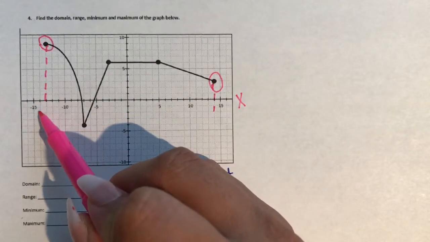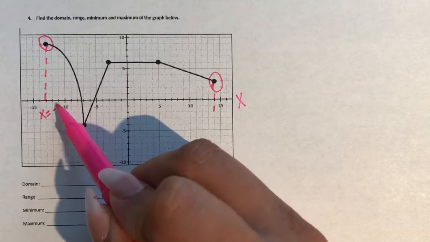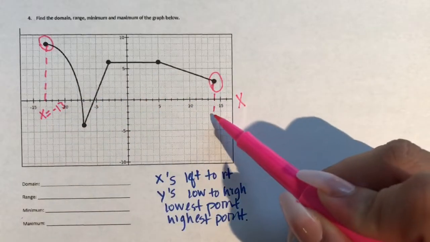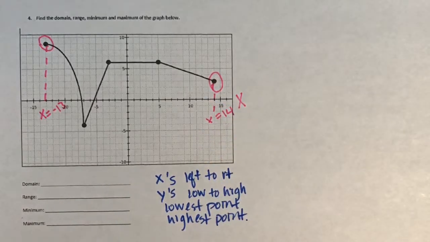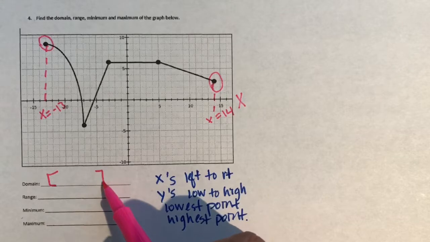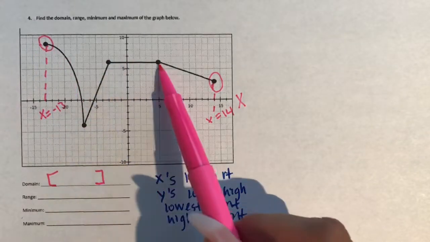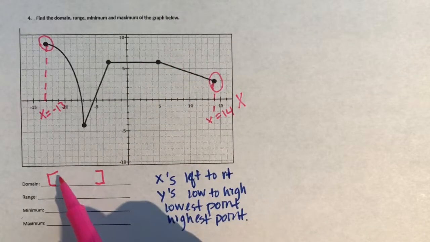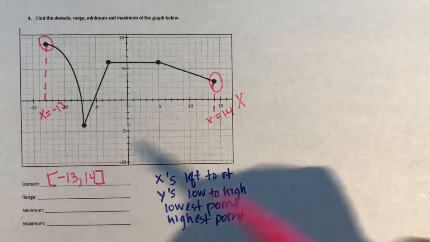So here I get x equals negative 13. Here x equals 14. I'm going to use interval notation with brackets because they are included, and you can tell by the shading. So I go from very left, negative 13, to my very right, 14.